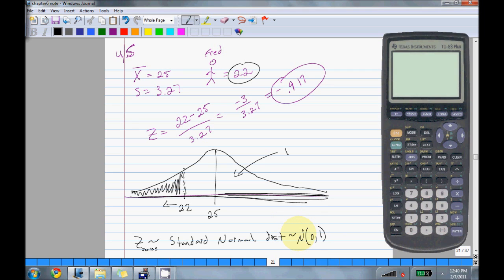So this table is telling us, okay, when you convert it to a z-score, we can go to the back here, find that z-score, because we've converted it into this standard normal distribution, and now we can find out what our values are. Okay, so we're dealing with negative 0.917. So I'm going to go down and find negative 0.9.